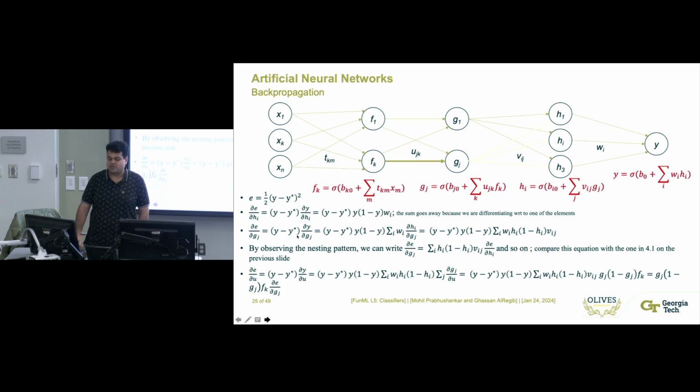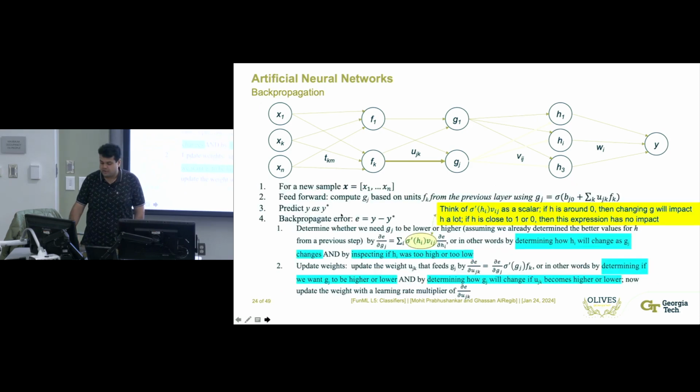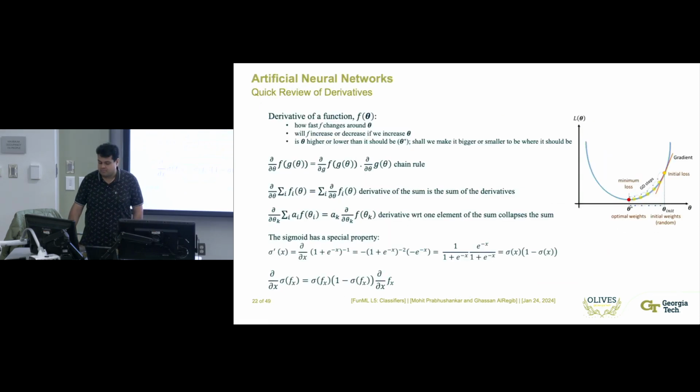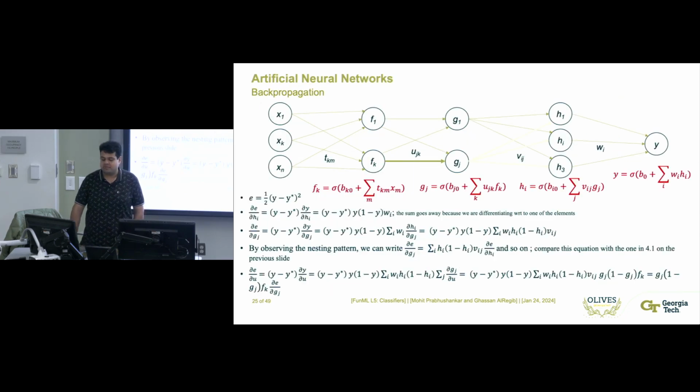Now we know that when there is a sigmoid function involved, if I go back to this slide, when I differentiate a sigmoid, sigma dash x is sigma x into 1 minus sigma x. I use that here as well, exactly over here, so when I differentiate my sigmoid, I should be able to get the output based on that formula.